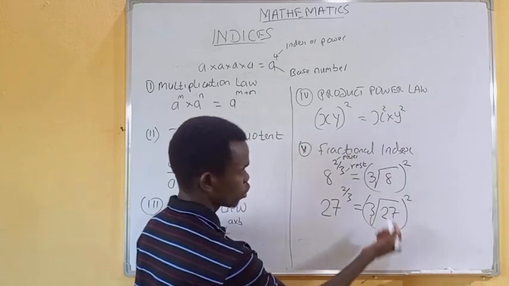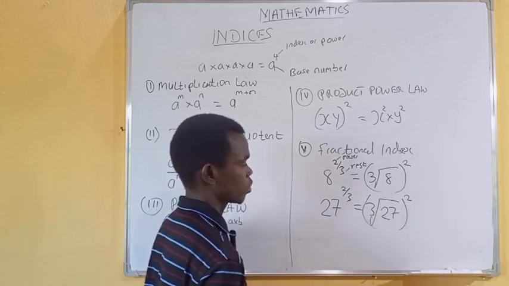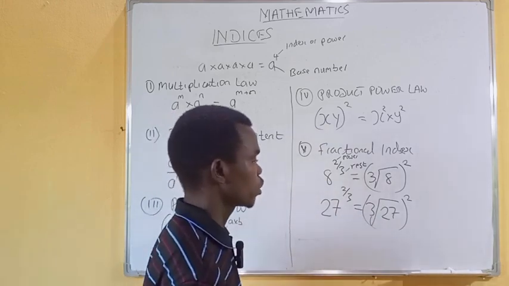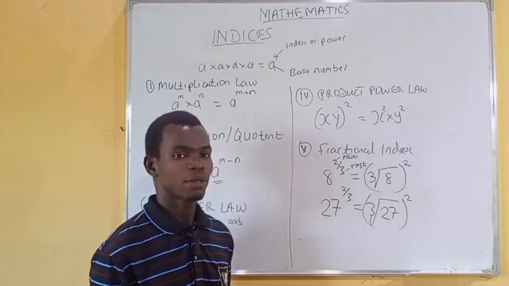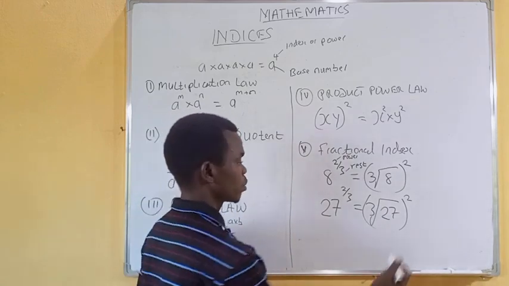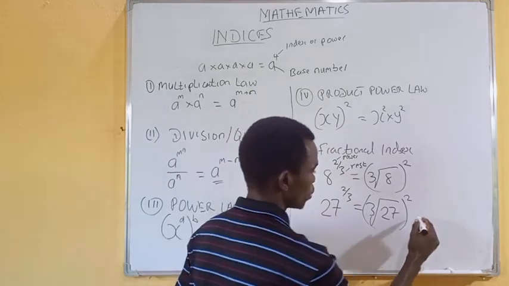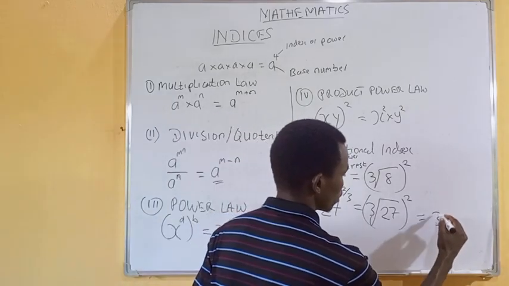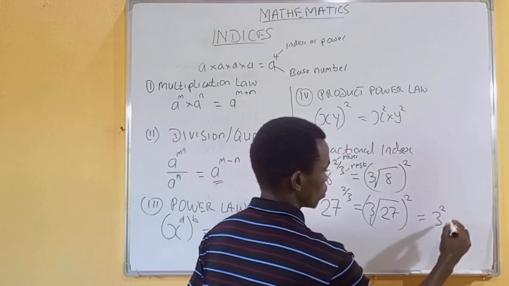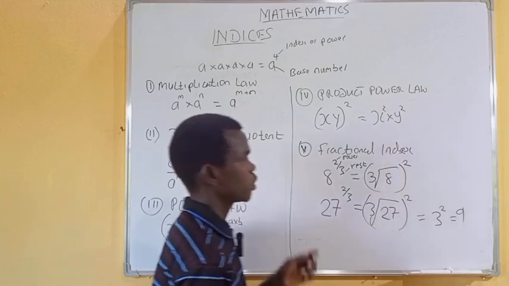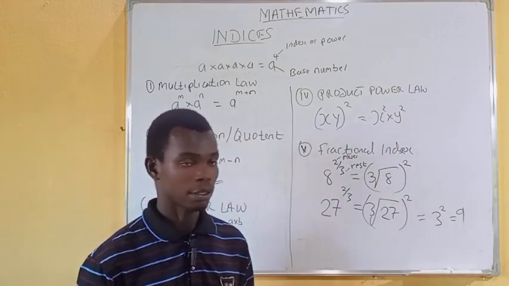This is the cube root of 27. It simply means that which number can be multiplied 3 times that will give you 27. It will now be equals to 3 raised to power 2, which is 9. This is the fractional indices.